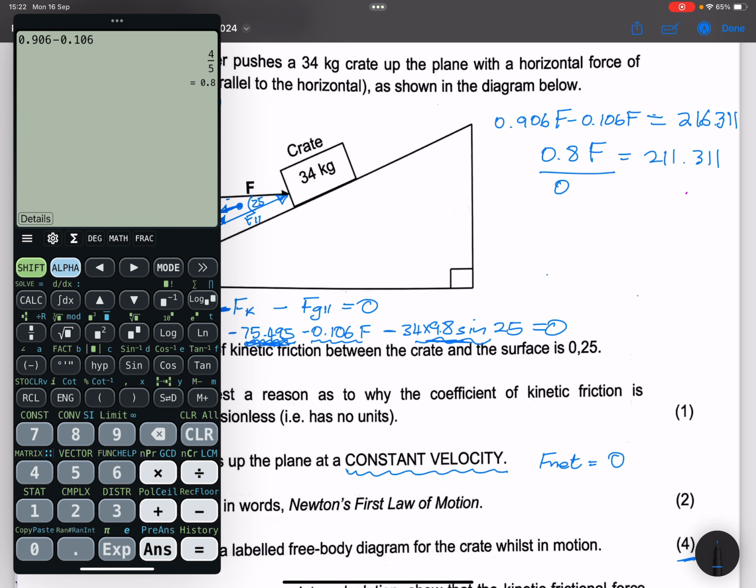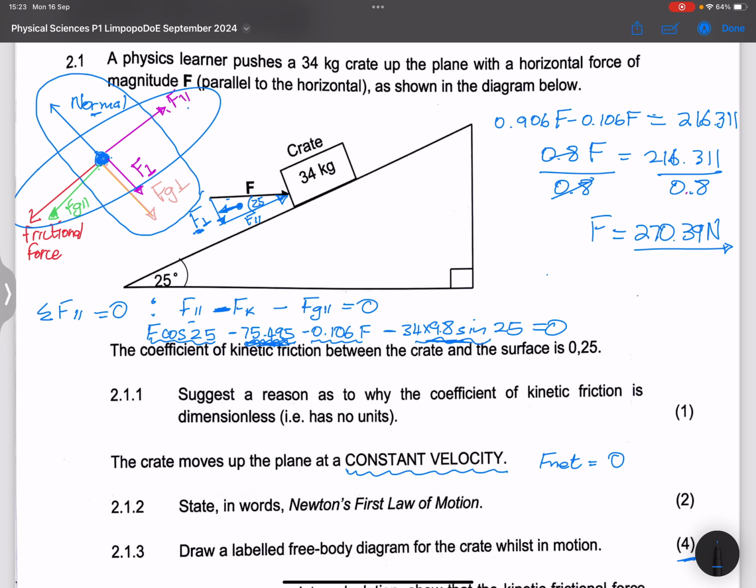And if I divide both sides by 0.8, what I get there is the value of F. So 216.311 divided by 0.8, and I get that force to be 270.39 newtons. All right, so I hope that makes sense, ladies and gents.